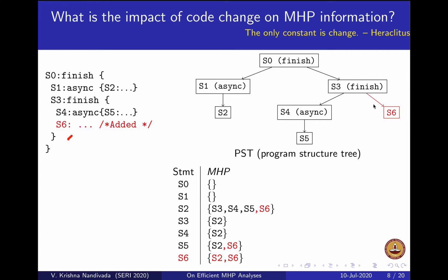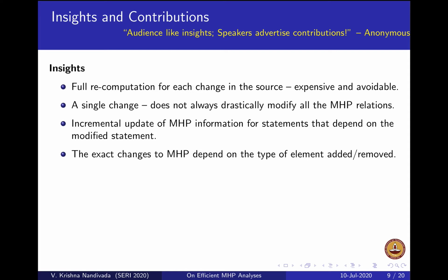So in the PST I have added S6. How does my MHP information change? No change for S0, no change for S1, no change for S3, no change for S4. For S2, I have added S6. For S5, I have added S6, and new information for S6. That's the moral of the story.